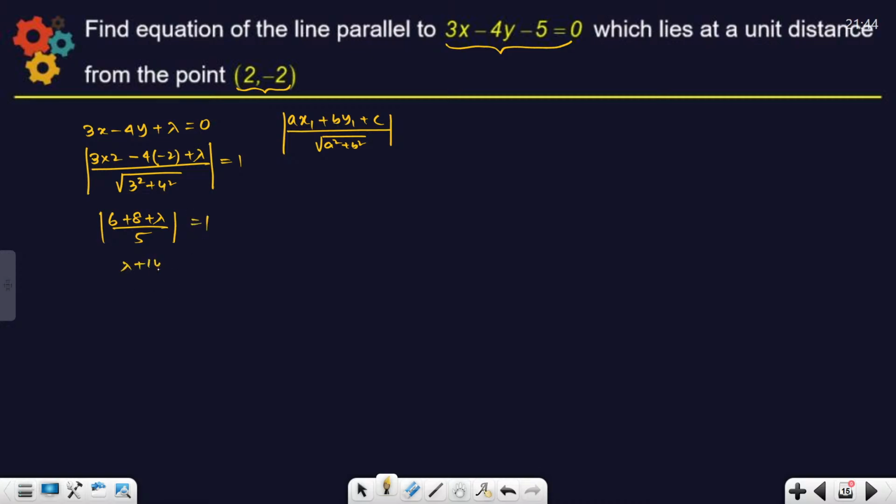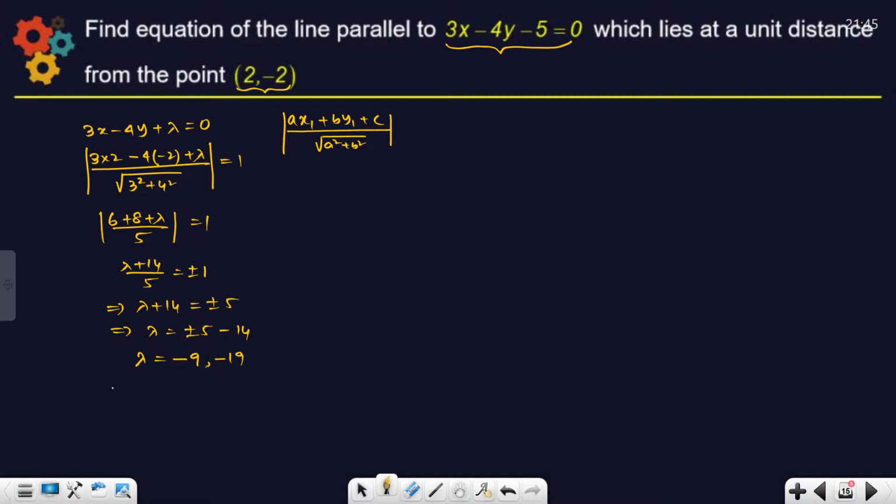So (lambda plus 14) over 5 is plus minus 1. So lambda plus 14 is plus minus 5, so lambda is plus minus 5 minus 14. So the values of lambda we are getting are -9 and -19.